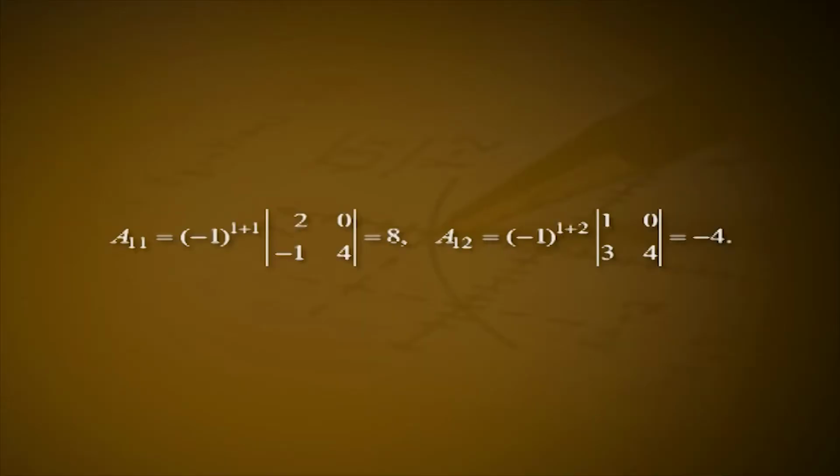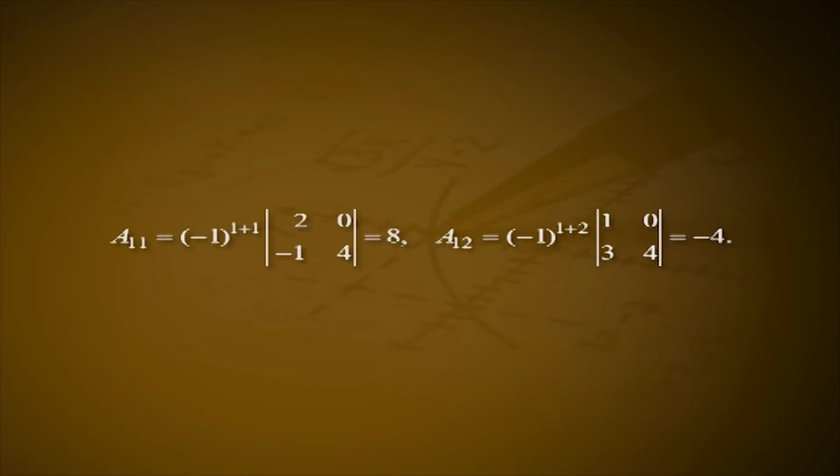Example 2. Find the adjoint of the matrix A given by matrix 0, 1, 1, 1, 2, 0, 3, minus 1, 4. Solution. Adjoint of A is given by transpose of the matrix Aij, where Aij is equal to minus 1 to the power i plus j into determinant of Mij. Now, A11 is equal to minus 1 to the power 1 plus 1 into determinant of 2 0, minus 1 4, which is equal to 8.